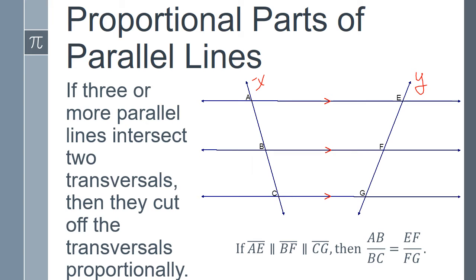Since the segments are all parallel, we go back to the side splitter theorem and use that application. So we can derive this from the side splitter theorem, by saying that if the lines are parallel, then they cut off the transversal proportionally.